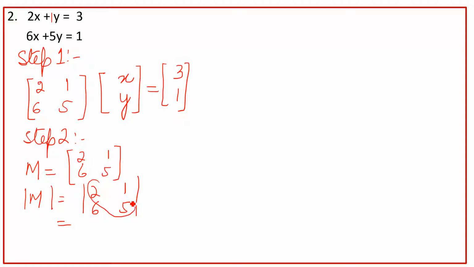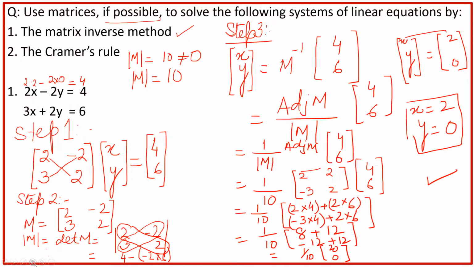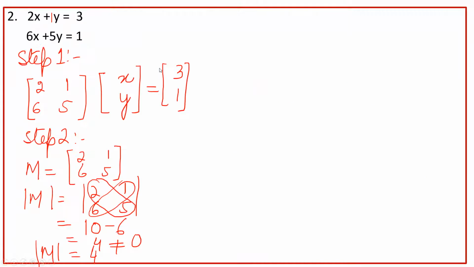You have to multiply these two first. 5 times 2 is 10, then this 6 times 1 is 6, which is equal to 4, and 4 is not equal to 0. It means we can proceed with our question if possible, right? And the question was if possible, so yes, it is possible. This is step number 2. We have calculated the determinant.